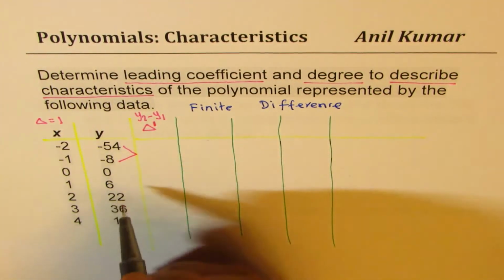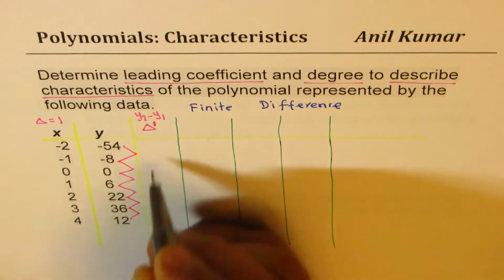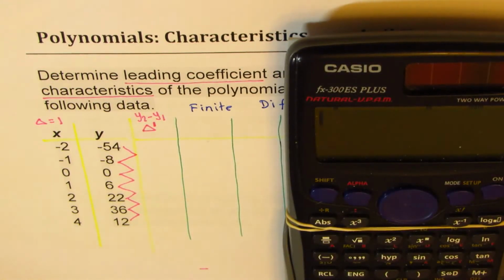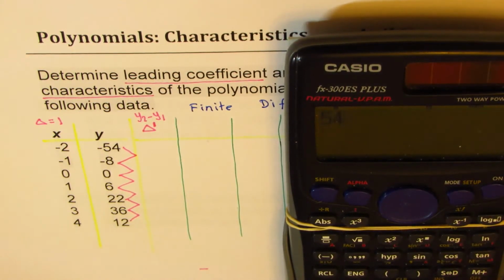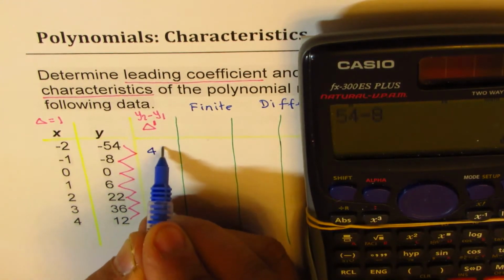We'll do that y2 minus y1 for all these values and place the value in the column. So we have minus 8 minus 54. So 54 becomes positive. I'll write 54 minus 8, which gives me 46.